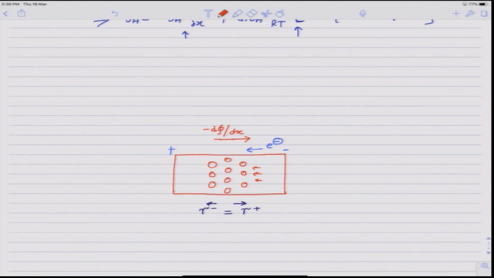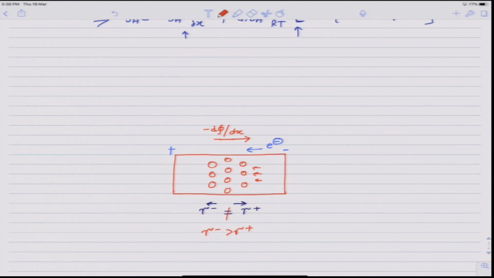So there will be more jumps per unit time from right to left as compared to from left to right, even when there is no concentration gradient. Because of this, gamma minus, that is the jump frequency towards left, is not same as gamma plus, that is the jump frequency towards right, and in fact gamma minus will be greater than gamma plus.